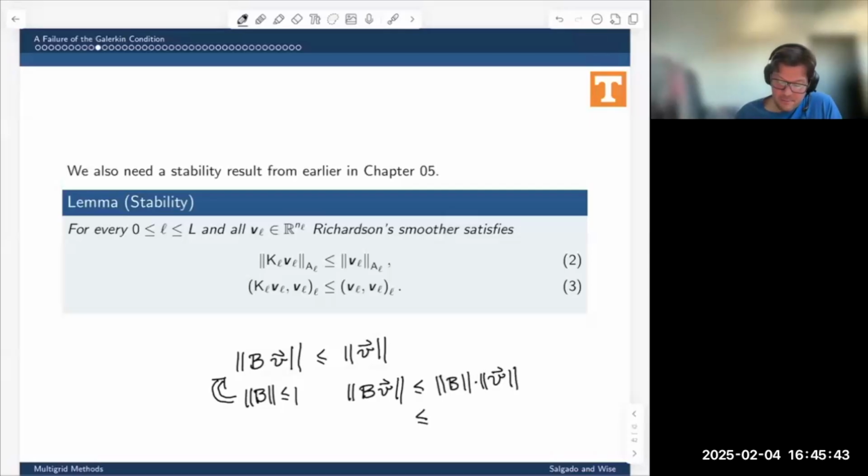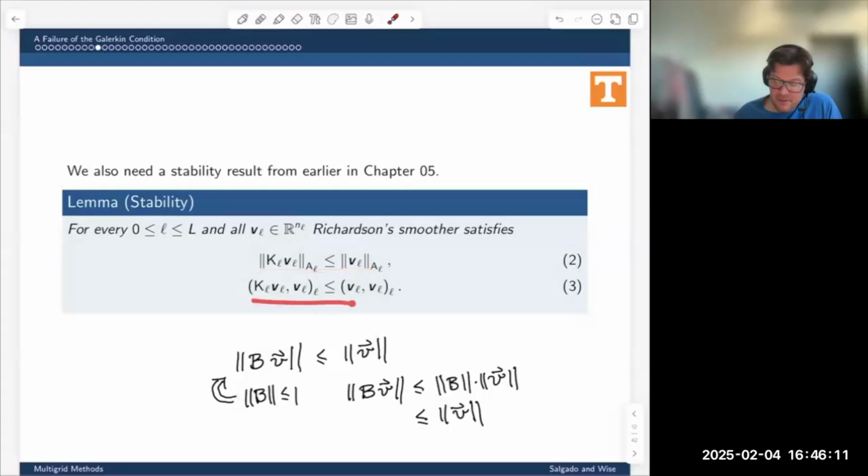And now let's use the fact that B is less than 1 in its matrix norm, or its induced norm, and we immediately get that BV is less than V. You can also go the other way with this, but generally speaking, if I have stability, it's good to think of it like this: the operator is stable in the sense that I have a norm on it. That's exactly what's going on here.